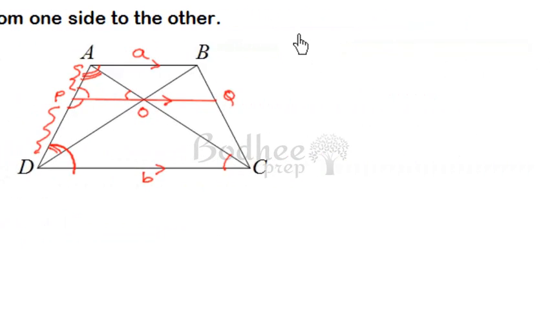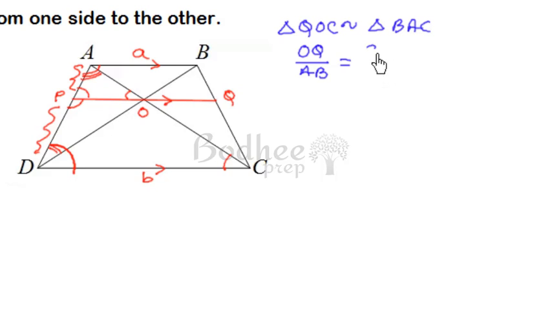So here again, if I observe triangle QOC and triangle BAC, these two triangles are similar with the same logic, because the line PQ, or OQ, is parallel to AB, right? And the vertex C is common. So here again I can write that OQ upon AB should be equal to QC upon BC.